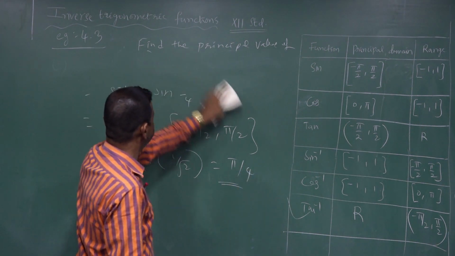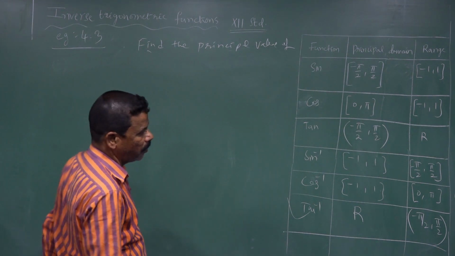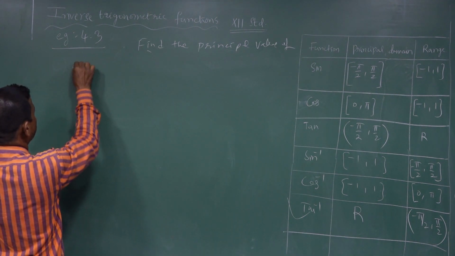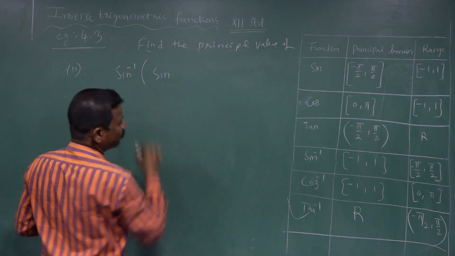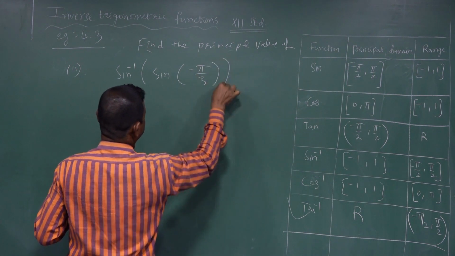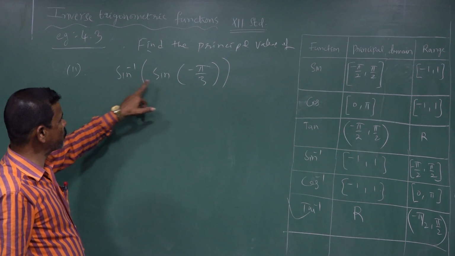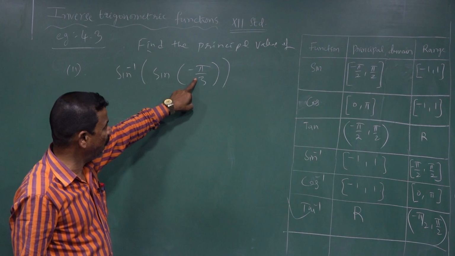Second problem. Sin inverse of sin minus π by 3. Minus π by 3 is how much?